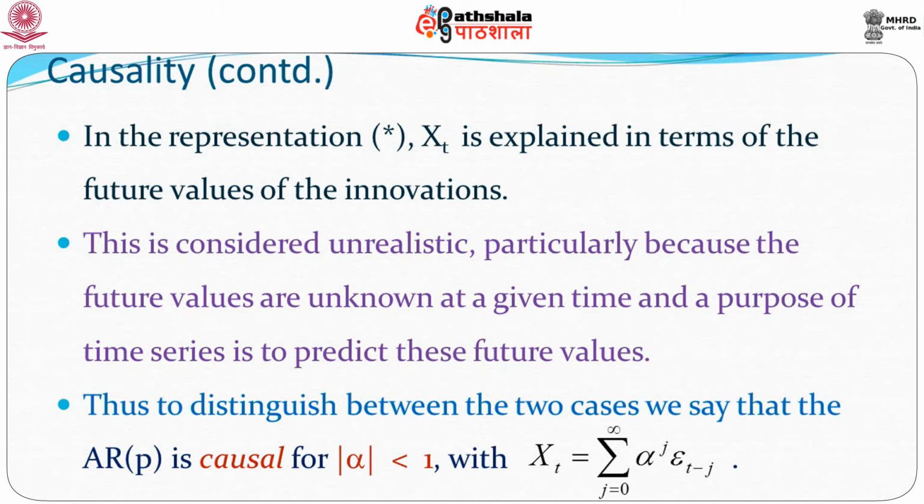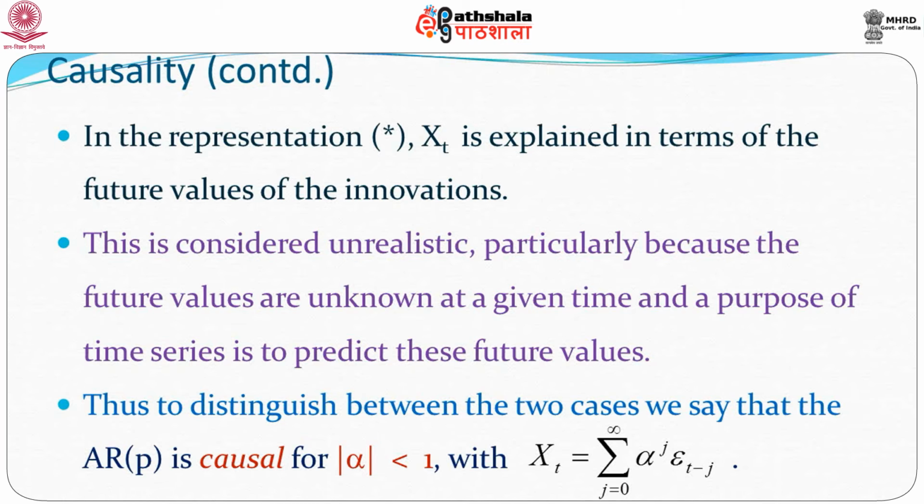Xt, unlike in this model star where xt is caused by the future values, in the original model xt is caused by the past values, either of the epsilon. If you look at this representation here, then the infinite number of past values of the innovations, or by the past value of itself. So, it depends on xt minus 1, and this would be the more realistic model, although both models can be just mathematically shown to be stationary.